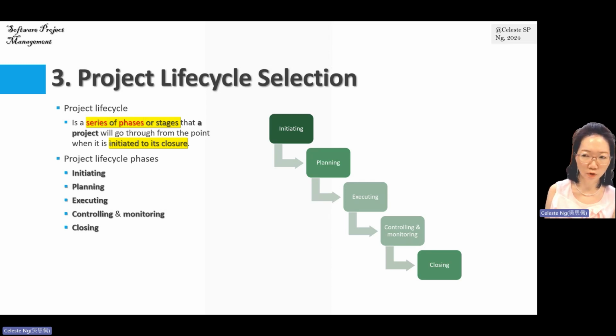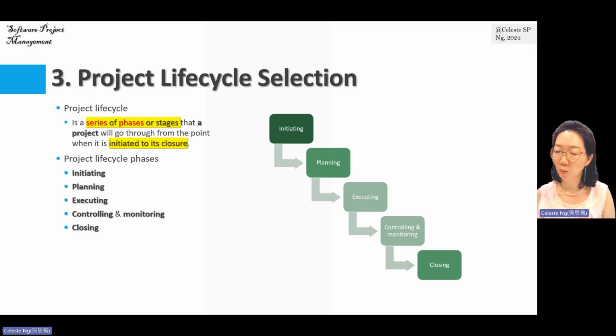During the controlling and monitoring phase, the work carried out is to validate the project scope, validate the project cost, and then control project risk, project quality, project human resource costs, and so on.